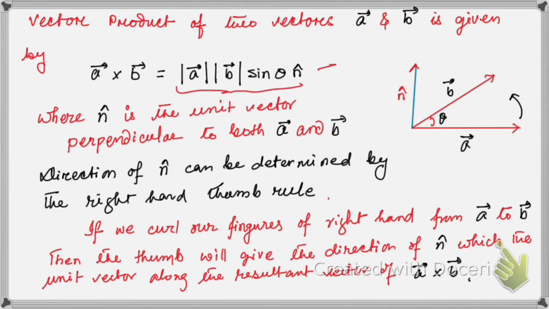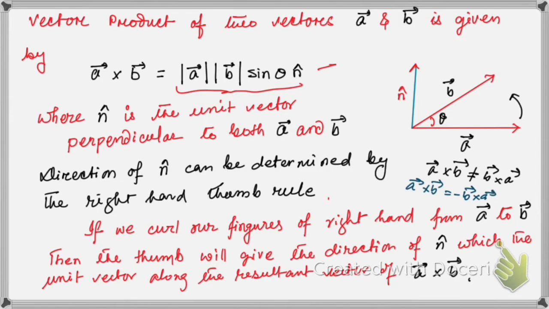Remember one thing: in a cross product, A cross B is not equal to B cross A. You can say that A cross B is equal to minus B cross A, right?